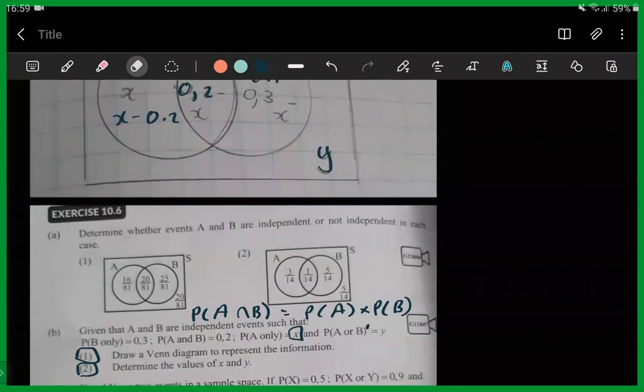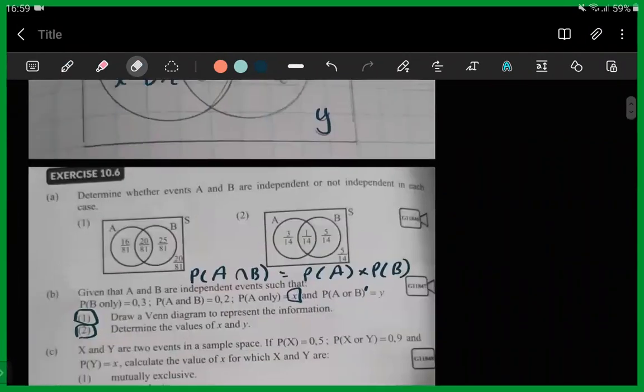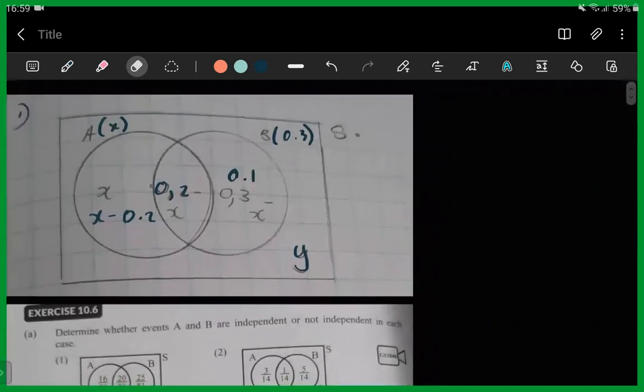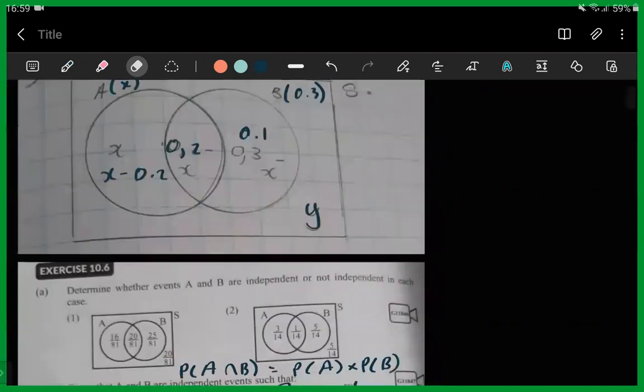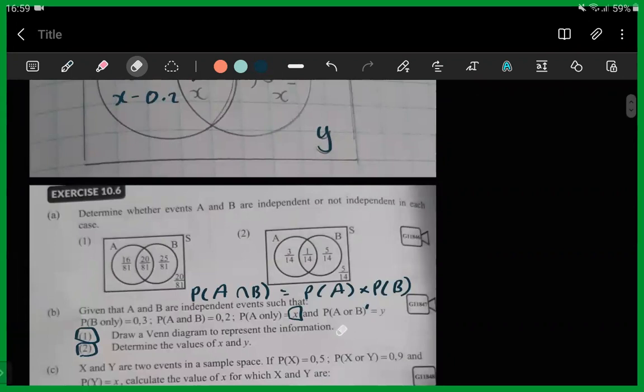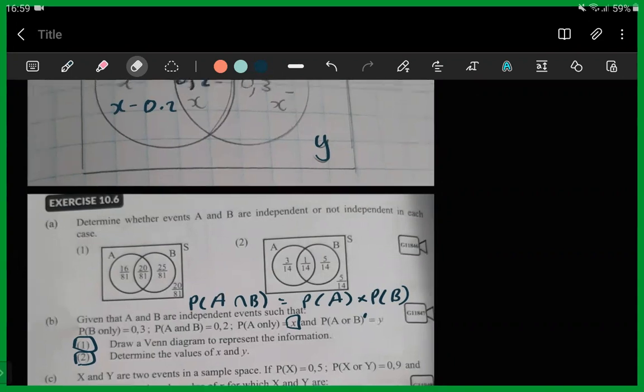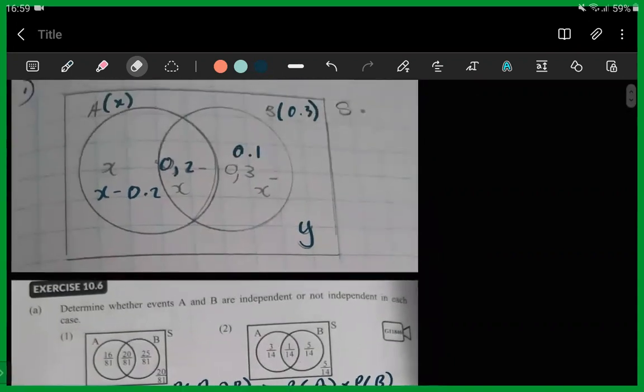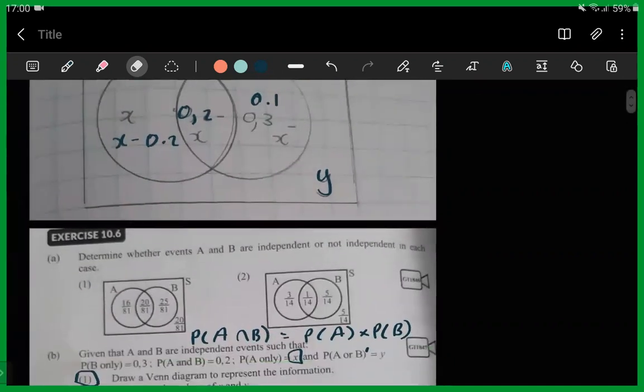Yeah, so solving for x and y here, we have to be strategic, you see, because here they say everything that is not A or B is y. Ah, wait, the probability of A and B is equal to the probability of A times the probability of B, you see.